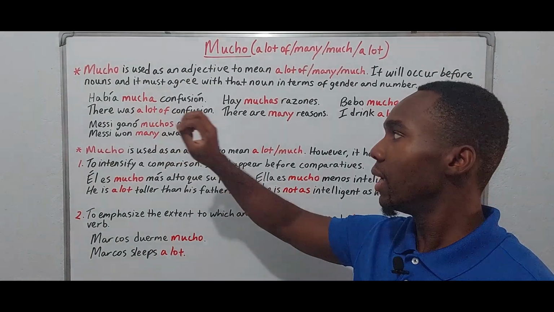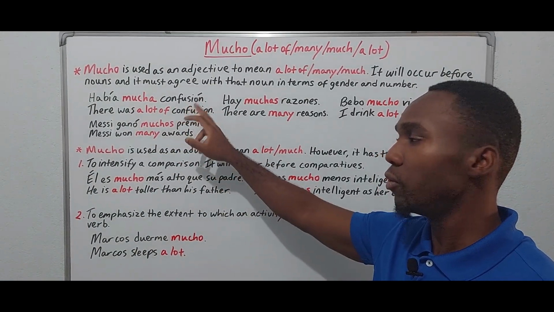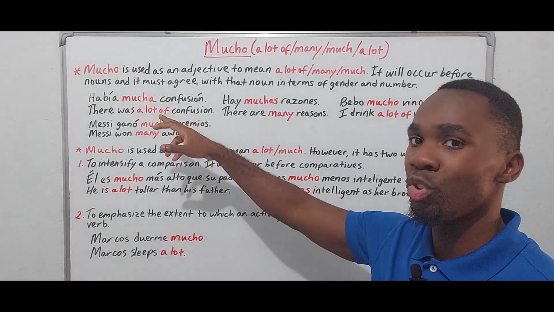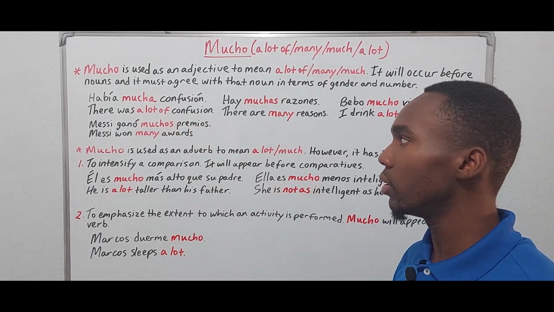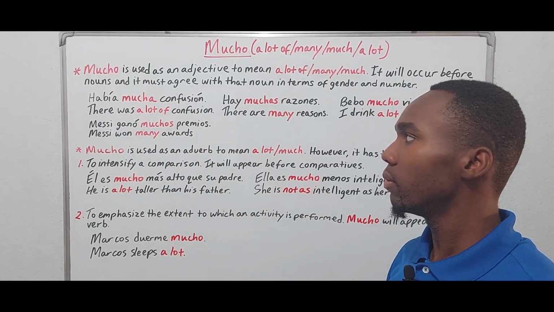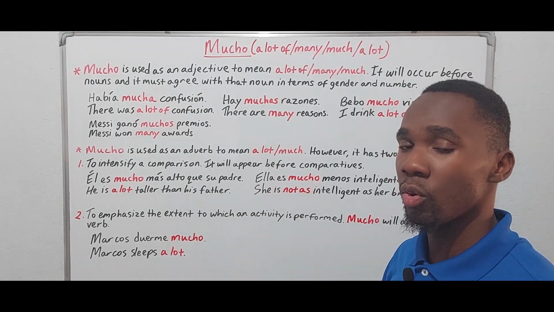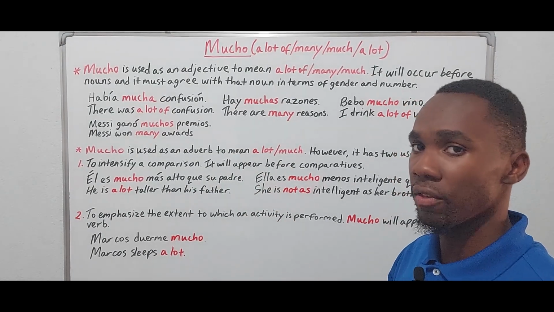So we have here, había mucha confusión. Now confusión is singular and feminine, therefore we use mucha, right? You could also say there was much confusion. Confusion is an uncountable noun, so we would use much if we prefer to use much instead of a lot of.